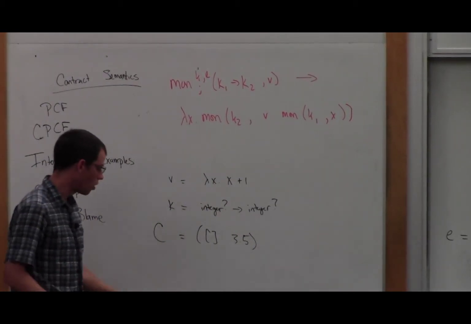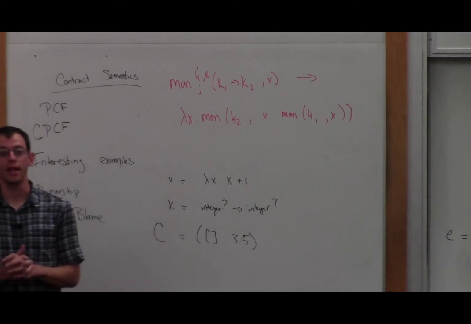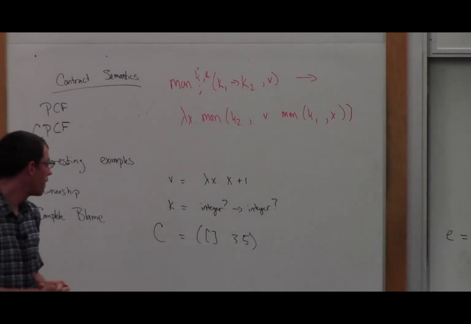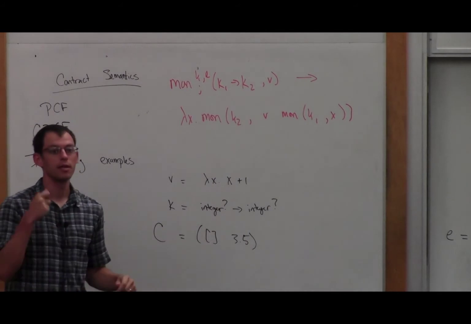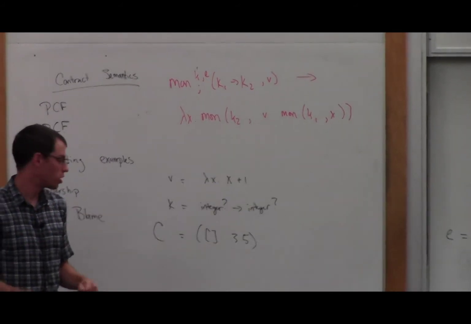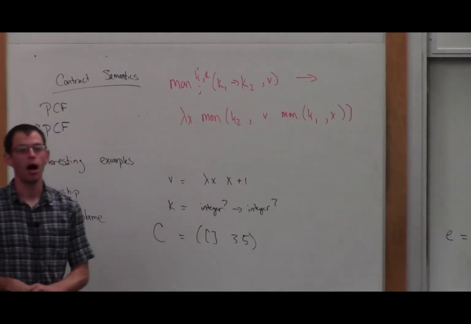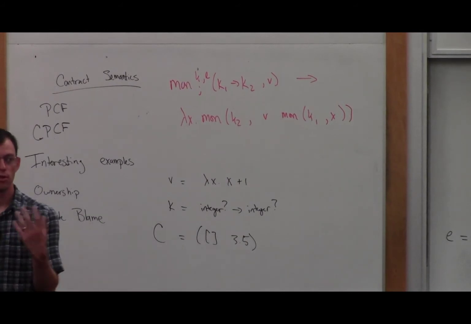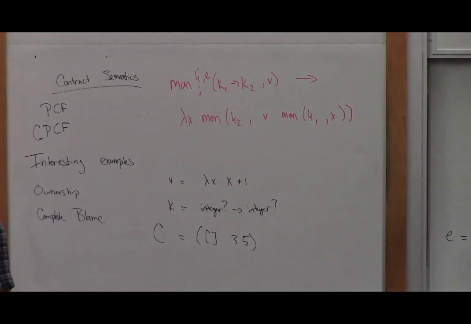Okay, so our value is something that adds 1. Our contract says integer to integer, and our context applies what we have to 3.5. Who's doing something wrong here?